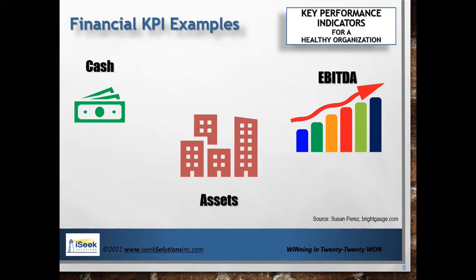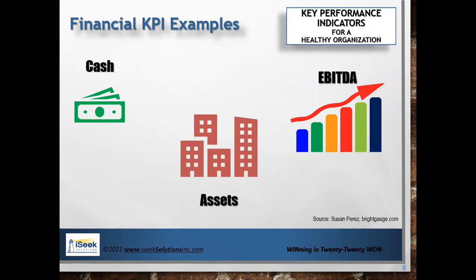And generally, assets are what we call hard assets. That's real estate, inventory, equipment, machinery, etc. And so the quantity of assets and the value of assets is a major indication of how your business is performing.